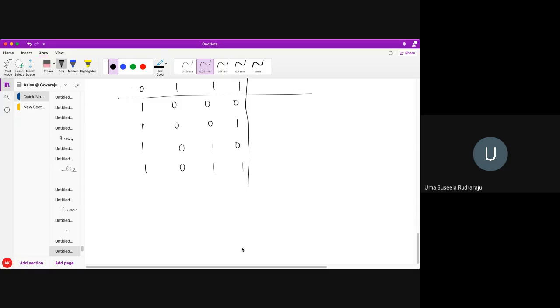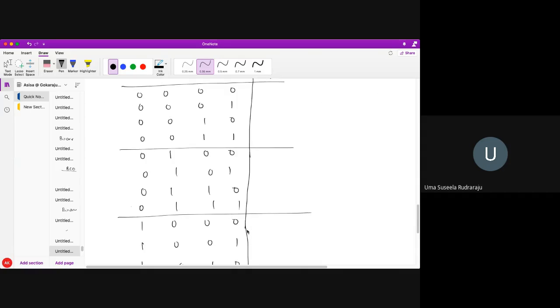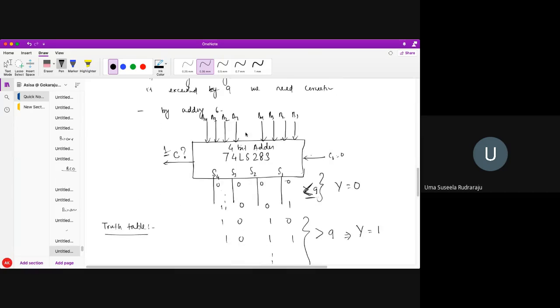Okay, next 1100, 1101, 1110, 1111. Okay, so these are the 16 cases that can be possible in this sum. In this sum I would be expecting 16 cases.